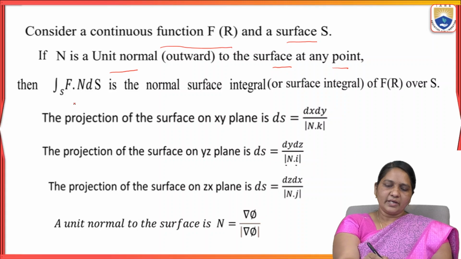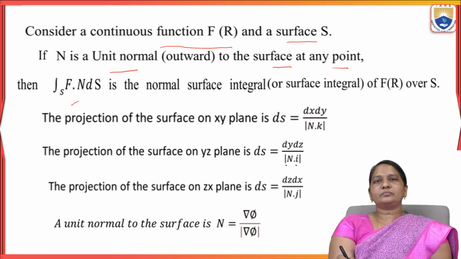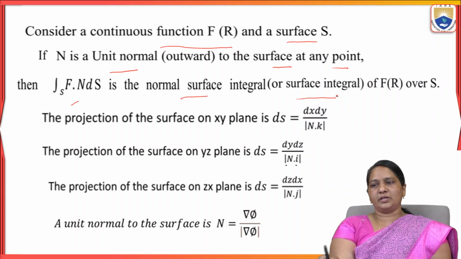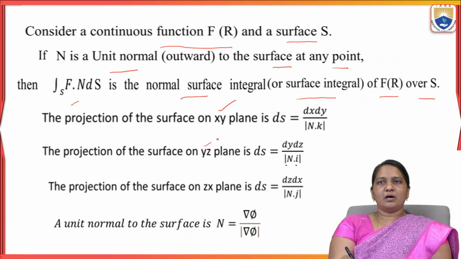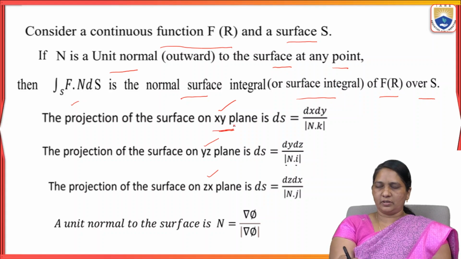Then the integral over S of f dot n ds is the normal surface integral, or surface integral of f over S. We can select the xy plane, yz plane or zx plane. If we take the projection of the surface on the xy plane, we use the formula ds equals dx dy by the modulus of n dot k.